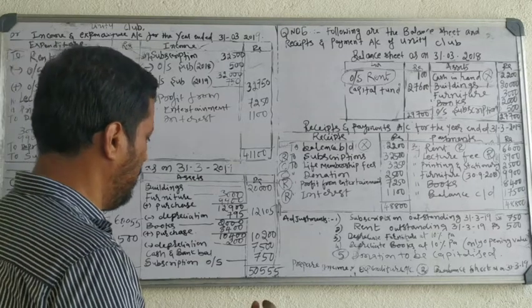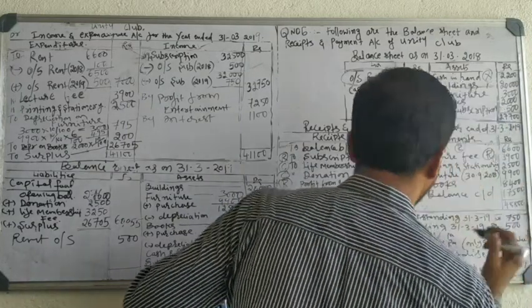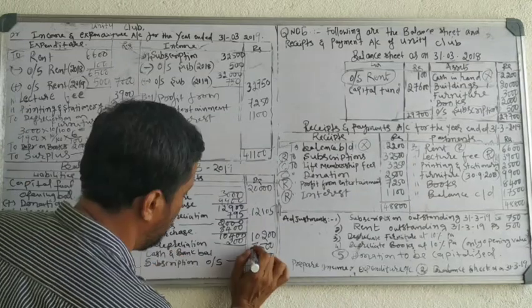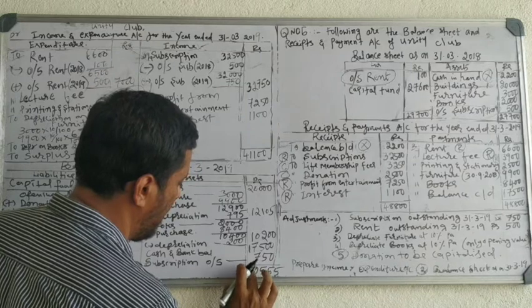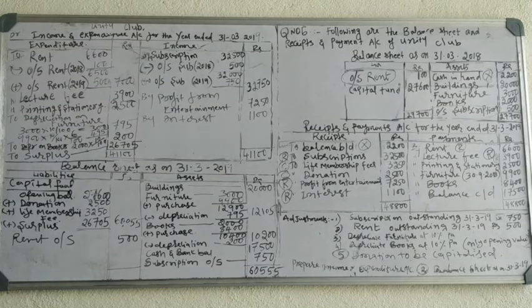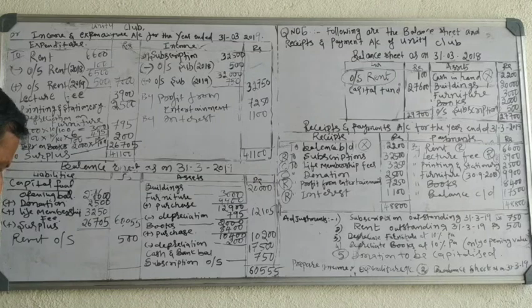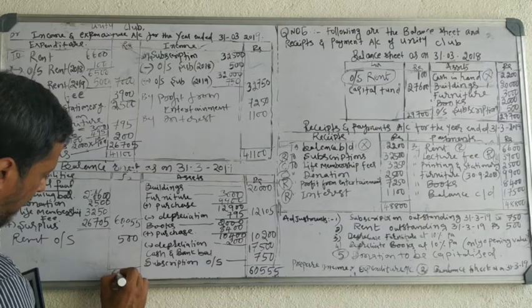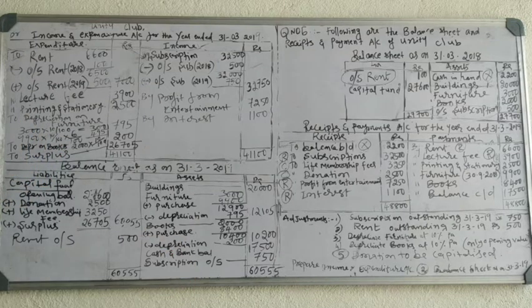Sorry, balance carried down, cash and bank balance, is 17,500. This will come to 60,555. Here 60,055 plus 500, so 60,555. Okay, so this is the problem, the last problem.